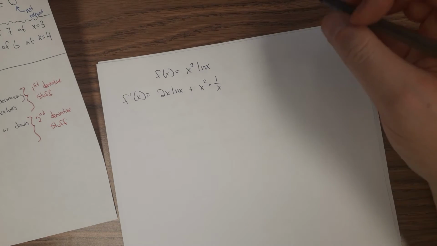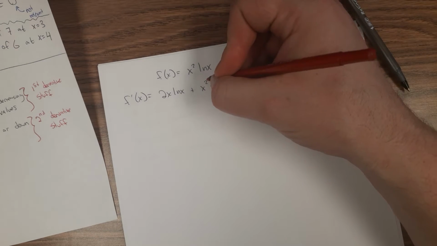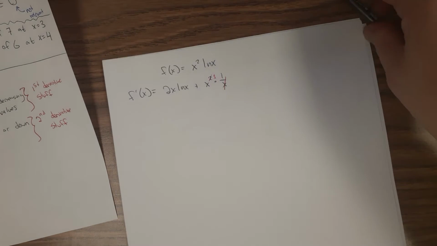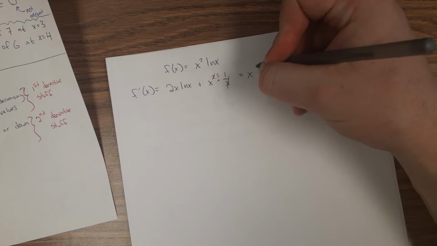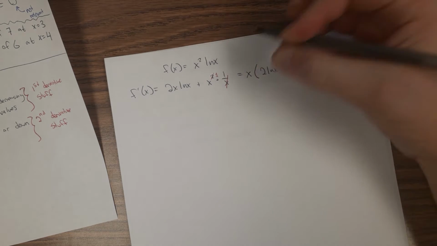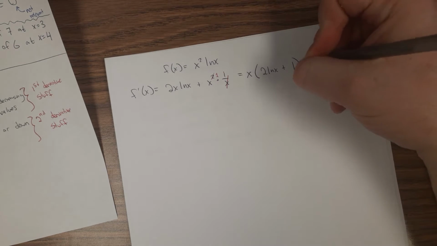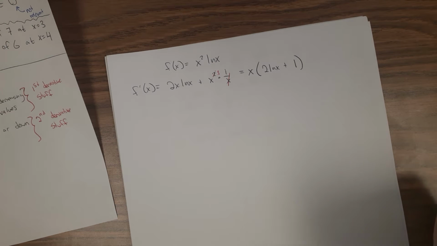And I see that this simplifies. Basically, this goes away, and this is now just x to the 1. I can pull an x out of this, and then I'll have 2 ln x plus, and then this whole thing was just x, so when I pull an x out, that's just 1.